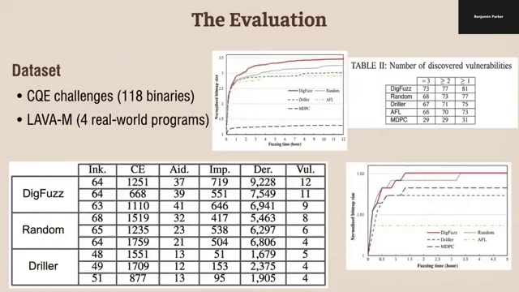Additionally, they introduced a random model, which does what DigFuzz does, except it has no decision making on when to implement the concurrent execution, being completely random. This provides a baseline on how this decision making actually makes an impact over just random guessing.